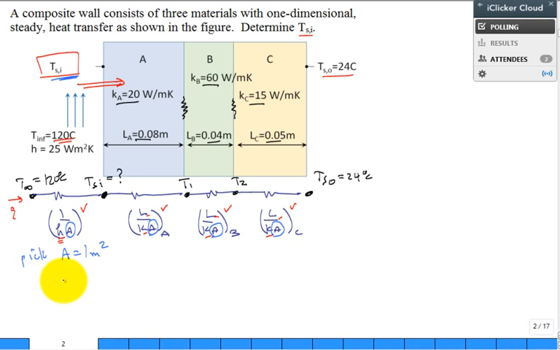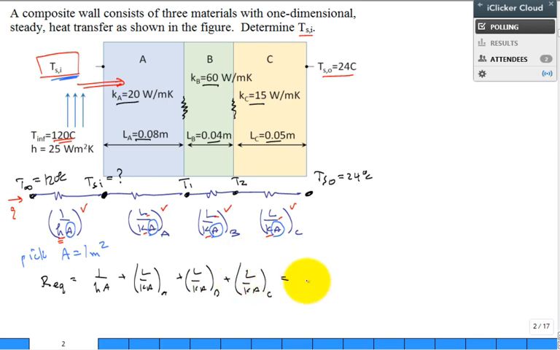So what we're going to do is we're going to have this, the equivalent resistance for the whole system is 1 over HA plus L over KA for material A, plus L over KA material B, plus L over KA material C. That'll give me a number, and won't it be in units degree C per watt?